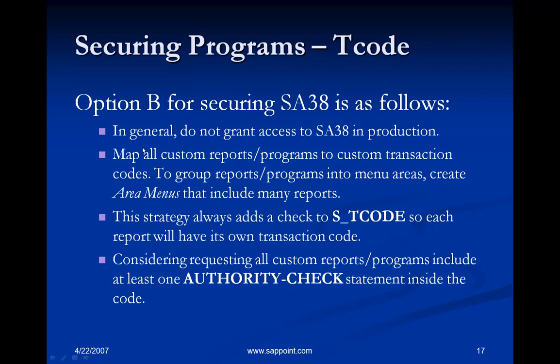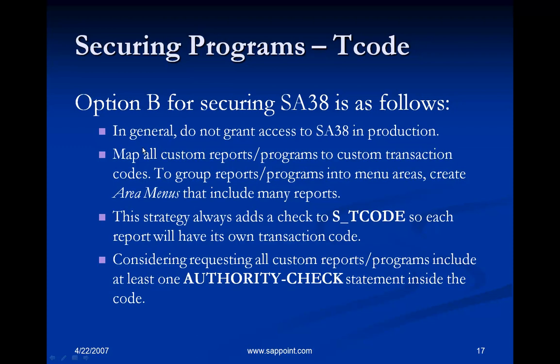So if you don't assign SA38 in the production system, then how do the users execute programs? One of the options that we saw was you assign SA38, but then you control access to the programs using the authorization groups. Now, it's not possible to imagine what programs are needed by the users at what time, and then assign the authorization groups to those programs if they are not assigned.